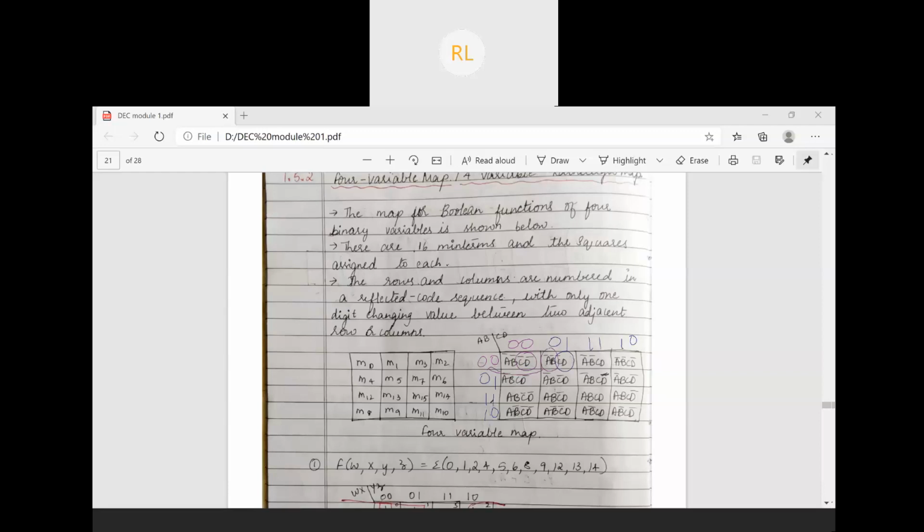So 2 raised to 5, 16 into 2, 32, you'll have 32, which means 0 to 31 squares. So keep working on this. I will get back to you in about 2 or 3 minutes.